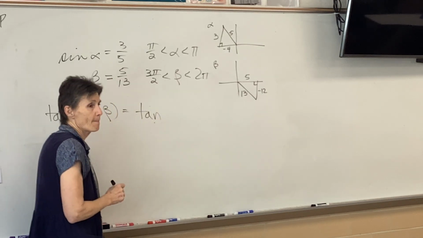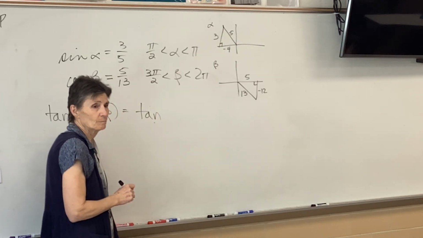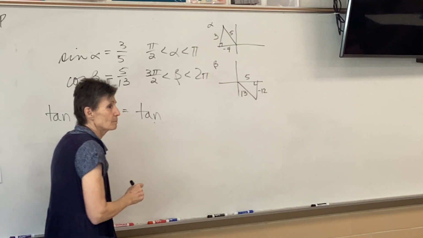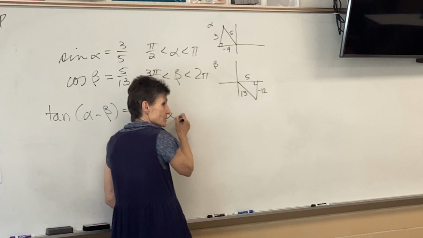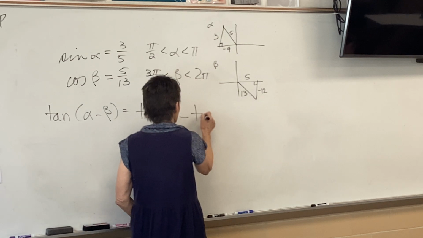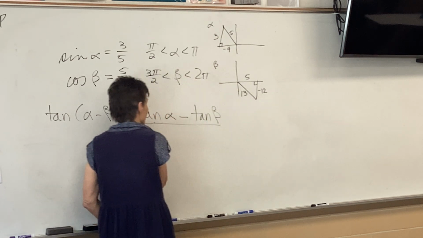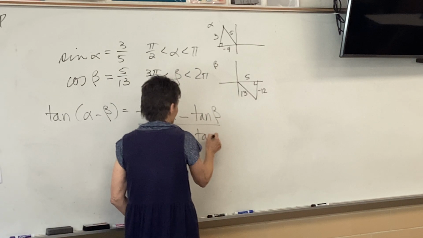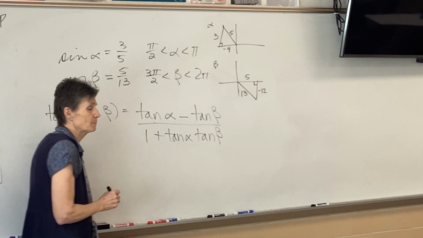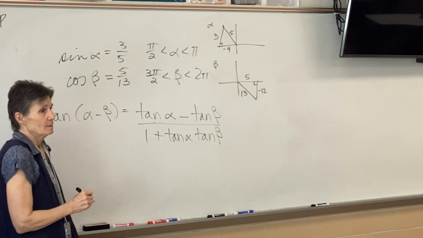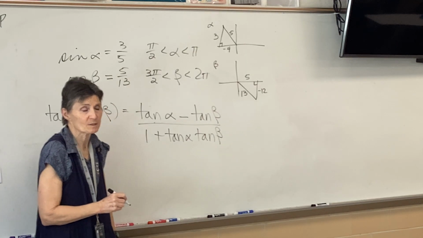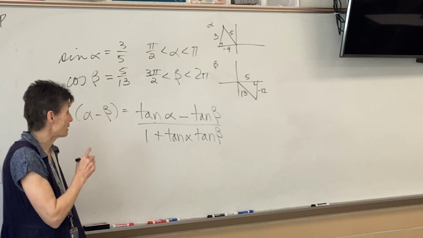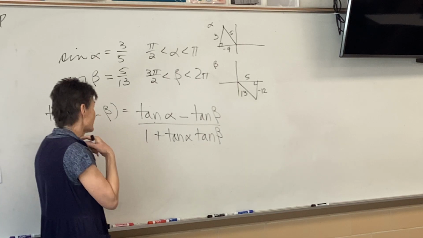Tangent of the first minus tangent of the second over 1 plus tangent. You have to be able to use your formulas when the letters are different. It's the pattern you're looking at. Tan minus tan over 1 plus tan.